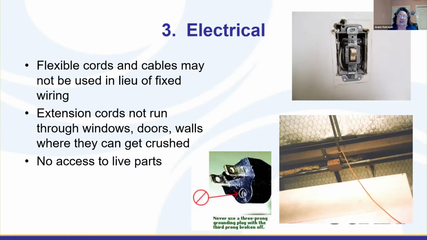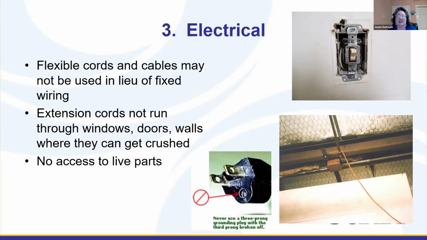In other words, what the OSHA reg says is, let's say we're in a facility and our machine is in the middle of the room and there's no electrical around there. What the reg says is, you need to run conduit and put a pendant drop or something like that to that equipment, as opposed to trying to string an electrical cord up along the rafters and dragging it over there and dropping it down.